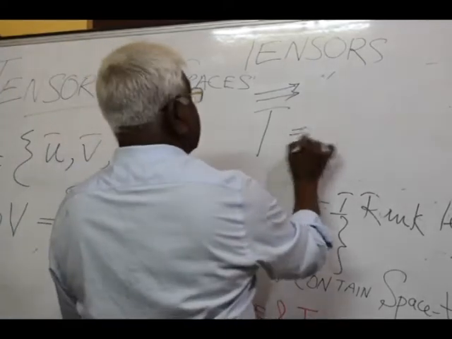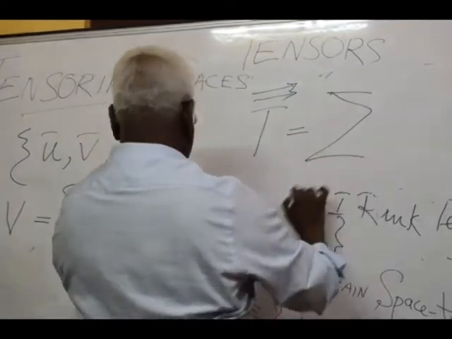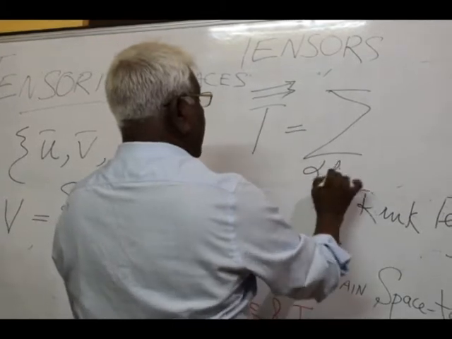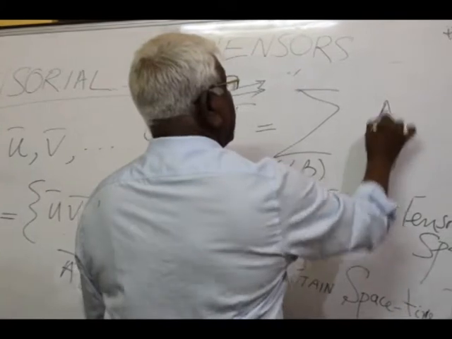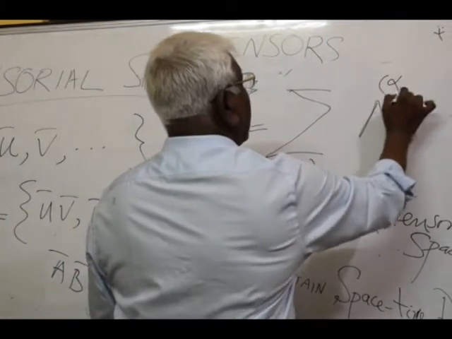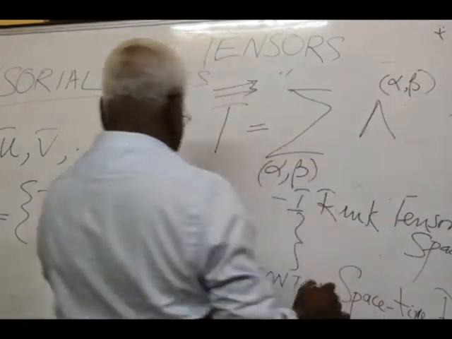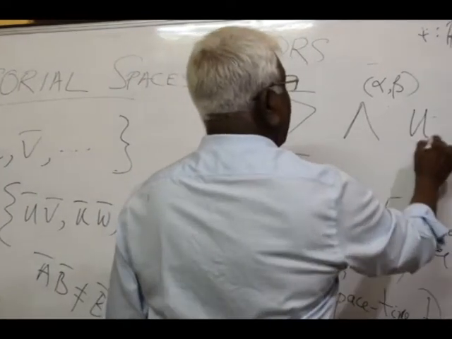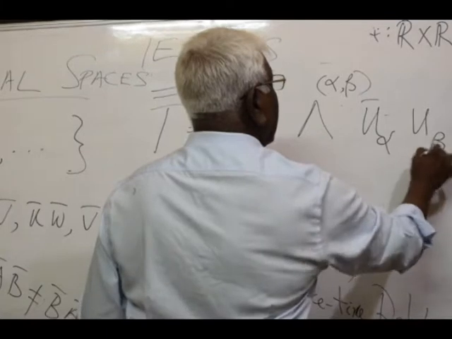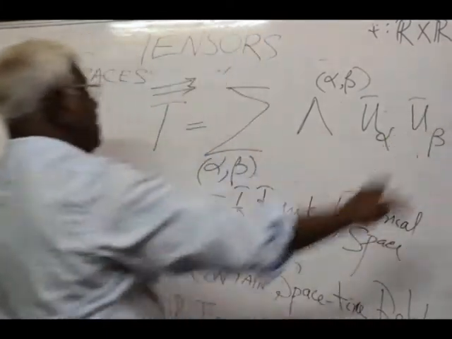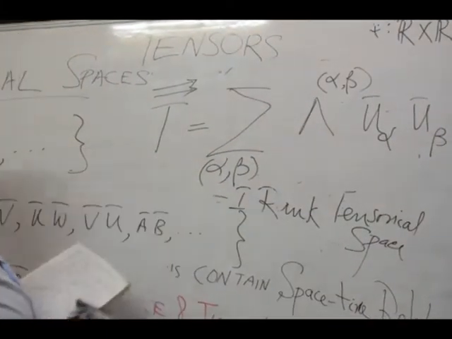I just write as sigma alpha beta summed over alpha beta lambda alpha beta u alpha u beta, summed over all possible values of alpha beta.